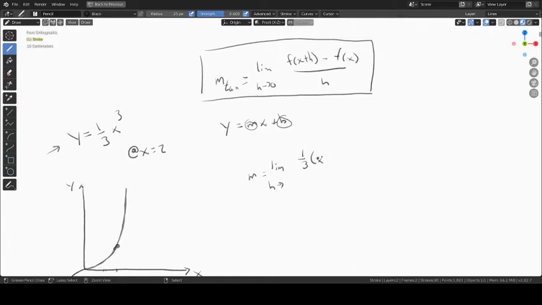So we'll do 2 plus h cubed, and then minus a third times 2 cubed. And then divide that by h.